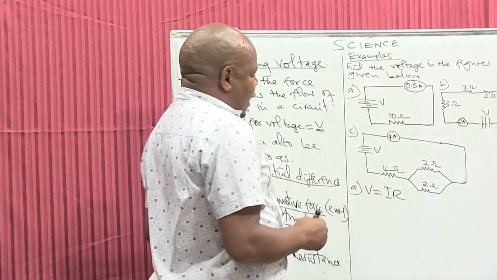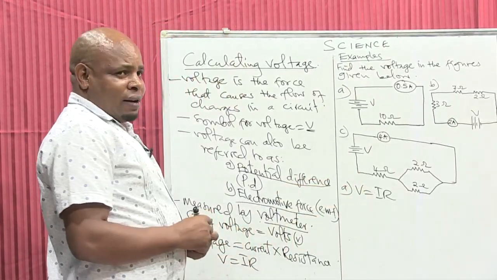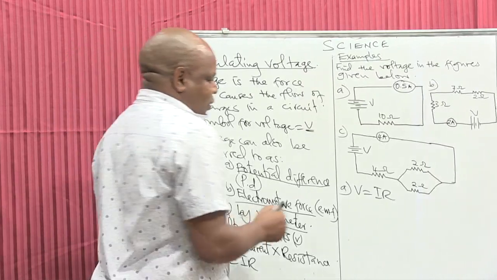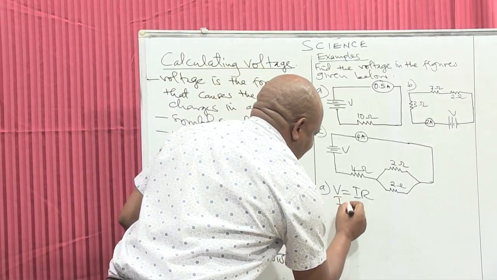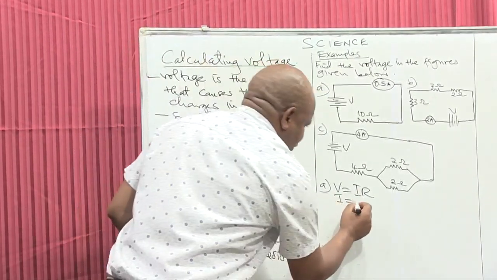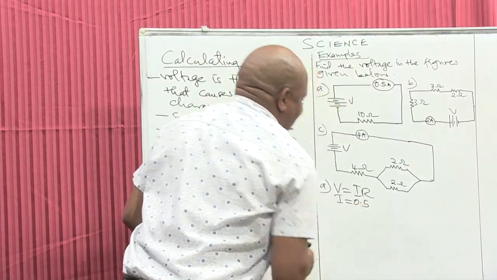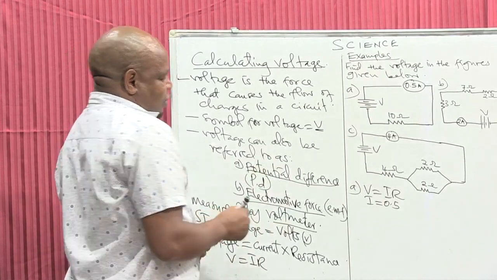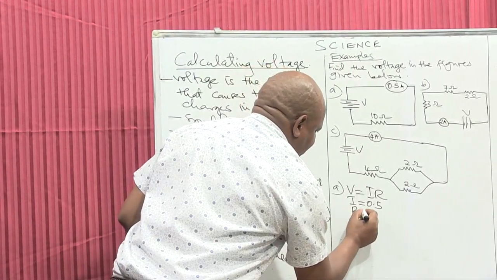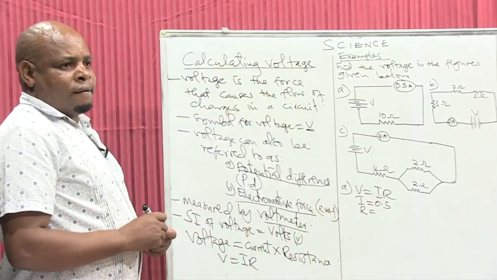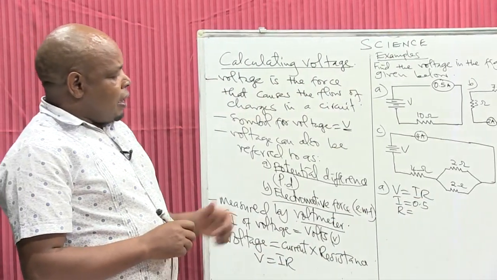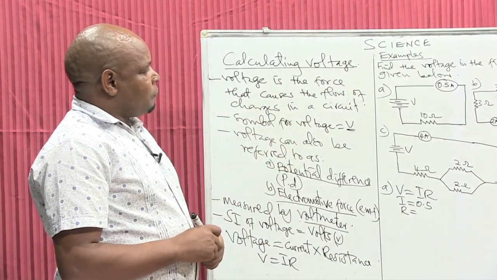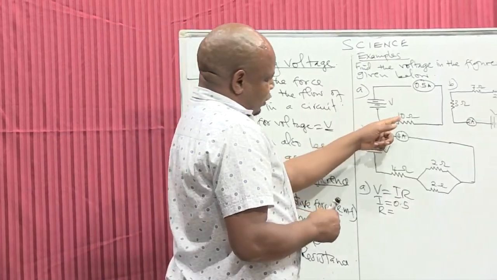Have we been given I in the first figure? Yes, it is there. I is 0.5 amperes. Remember, I is current. What of R? R is there. Yes, 10.